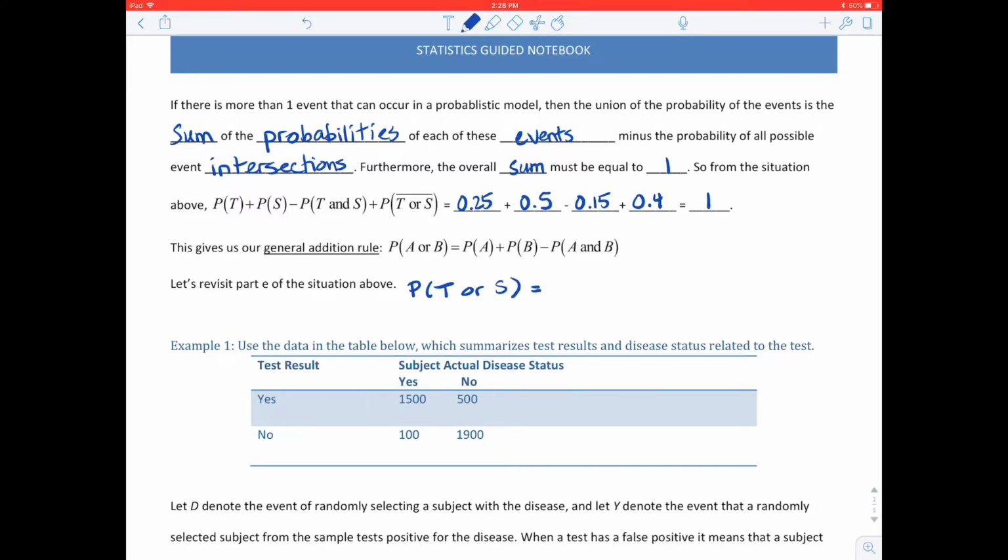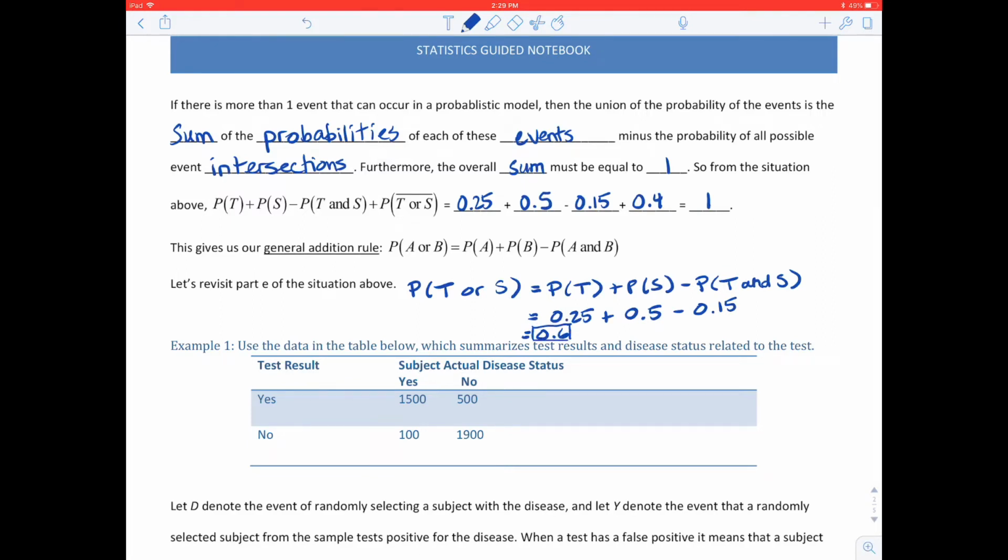That's going to equal the probability of having a Twitter account plus the probability of having a Snapchat account minus the probability of having both types. And so remember, these were all given in the problem. I'm doing them as decimals. So this one was 0.25. The next one was 0.5. And the intersection was 0.15, which gives us our same result of 0.6.